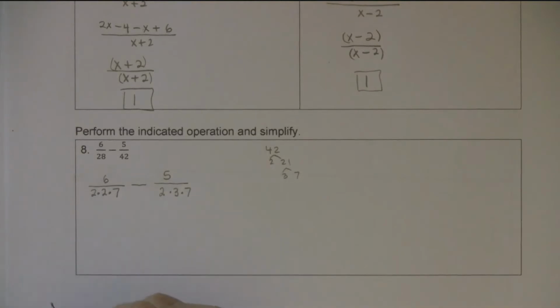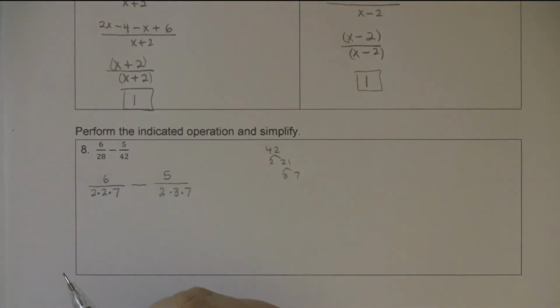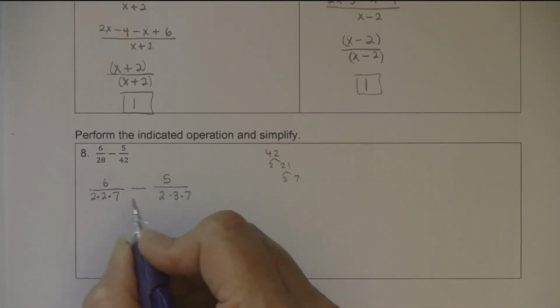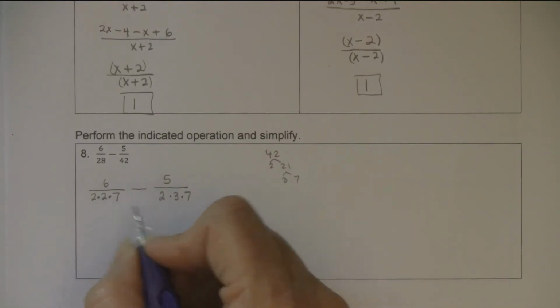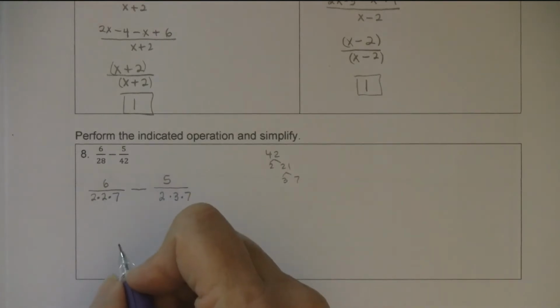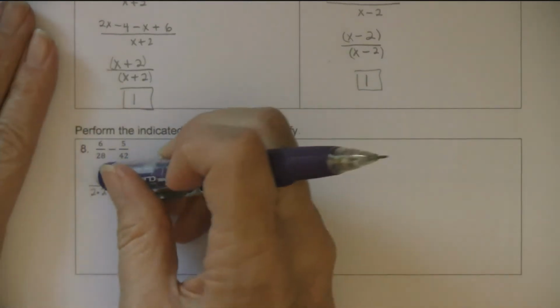Now, one thing that you could do is that you can reduce as well if it's helpful. And so I'm looking at wanting these denominators to be the same. And I notice this has 2 2's, and this one only has 1 2. But I'm thinking about the 6 that I have up there, and I'm thinking, you know, I can write 6 as 2 times 3. I'm going to do that.